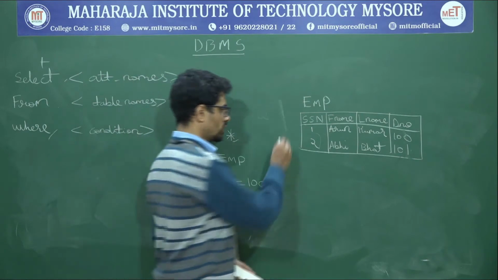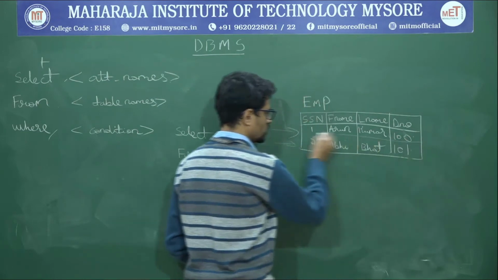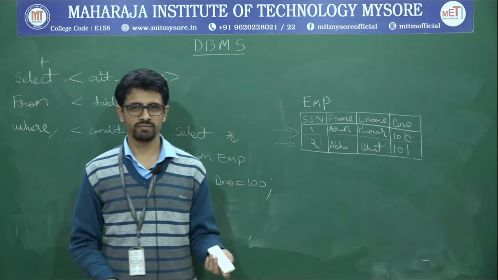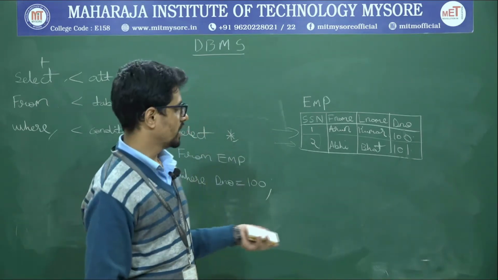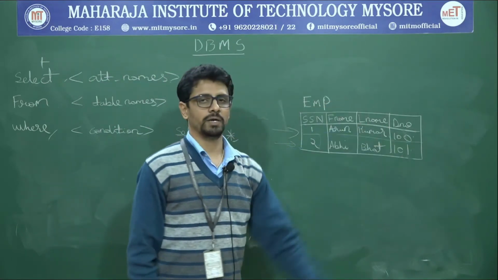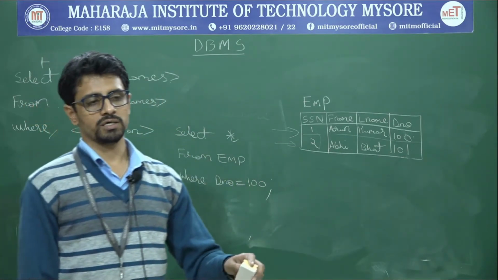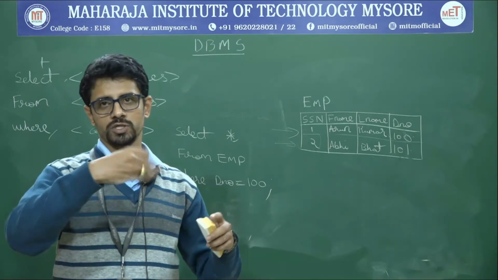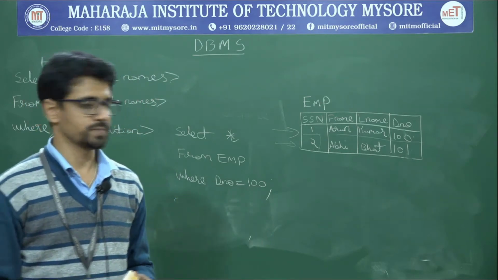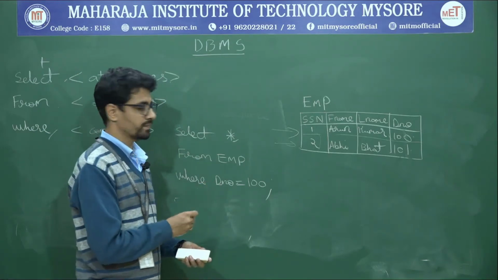This means all tuples or rows having department number of 100, only those rows will be selected as output. In my example, I have only 2 rows inserted to make the example easier, and the output will be only 1 row. So you will only get this particular row as output with the attribute names. This is where you use your where clause in order to specify the condition which eliminates the rows, the tuples. Only the tuples you want can be retained by using this where condition. That is the benefit of using the where.